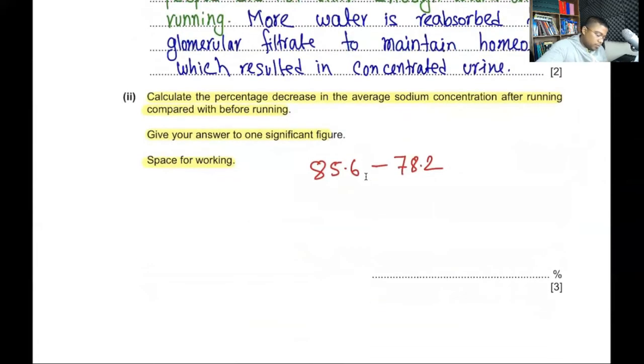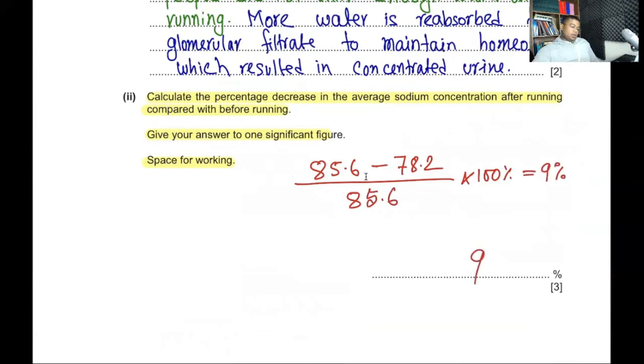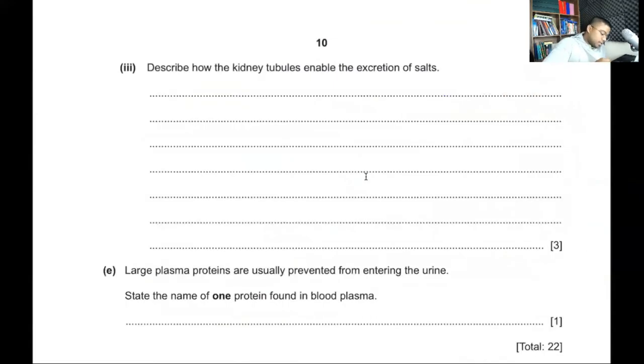If we want to find out the percentage, we have to compare it with before running. So the difference divided by 85.6 into 100%. The answer comes to be 9%. Describe how the kidney tubules enable the excretion of salt.